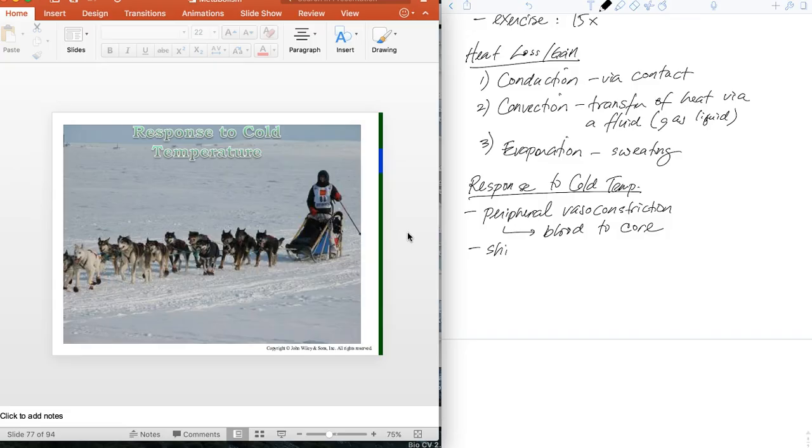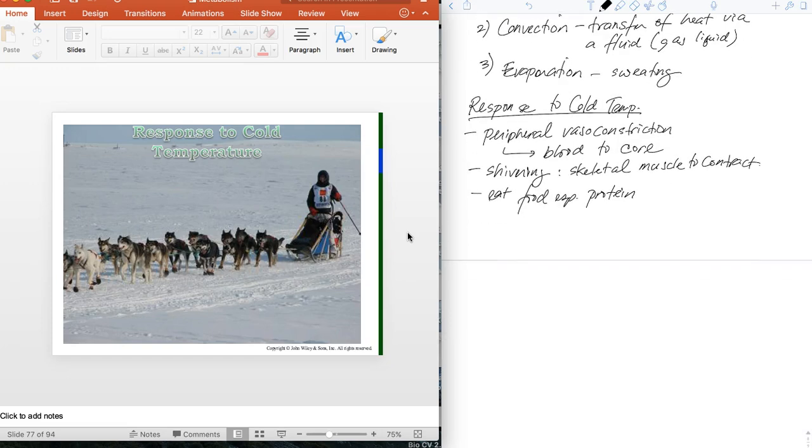You can do some shivering, and during that shivering process, this is going to cause your skeletal muscles to contract. You will eat food, especially protein. That'll ramp up your metabolism.